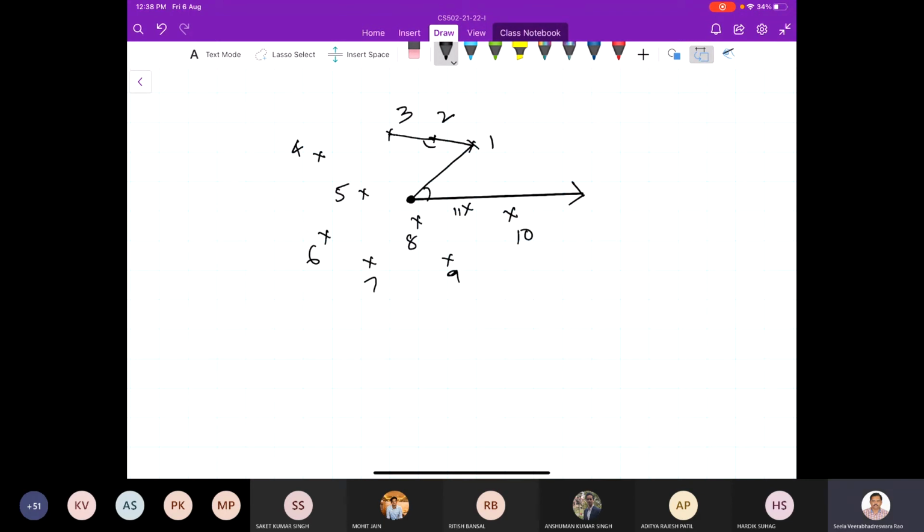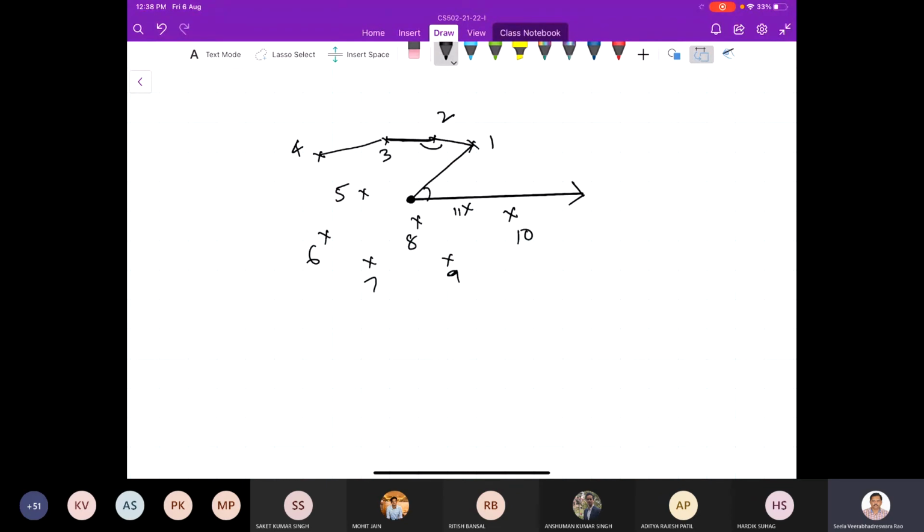Of course, this point is a little away, so let's put this a little below. So you are making a slight left turn. If it is a left turn, you consider the 3 also part of the convex hull and move further.